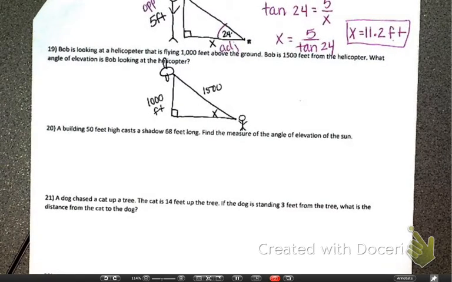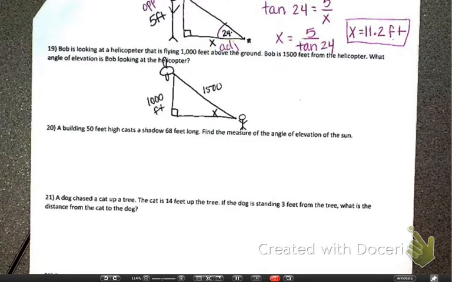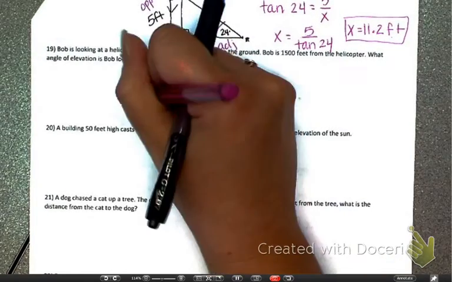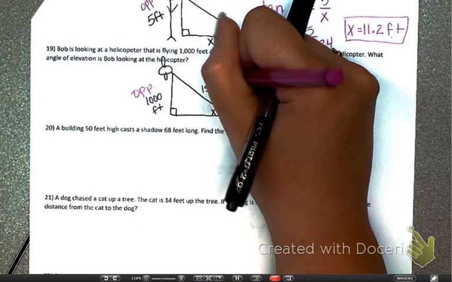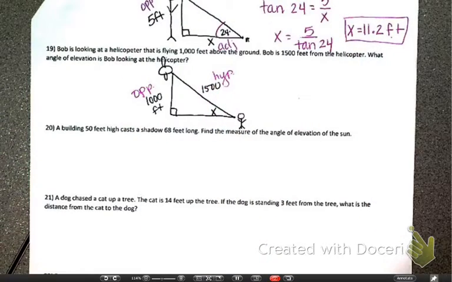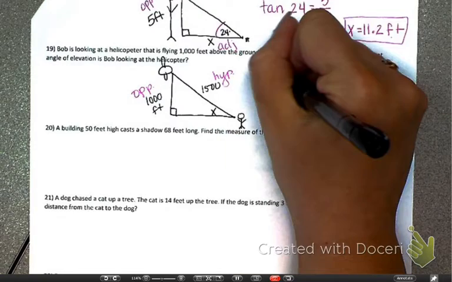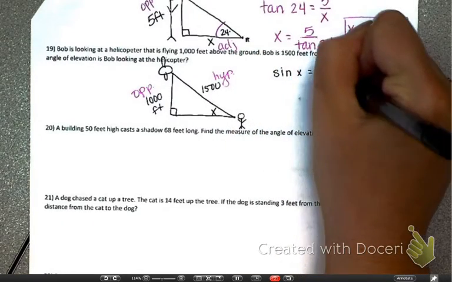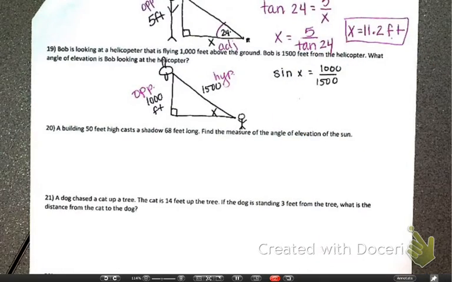Will the angle of elevation always be about lowering? You got that? Okay, so this is the opposite and the hypotenuse. So sine of x equals opposite over hypotenuse.